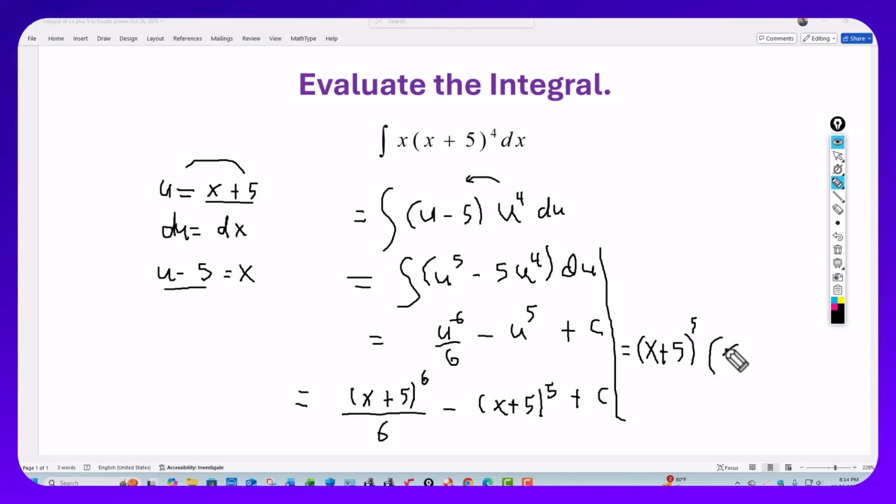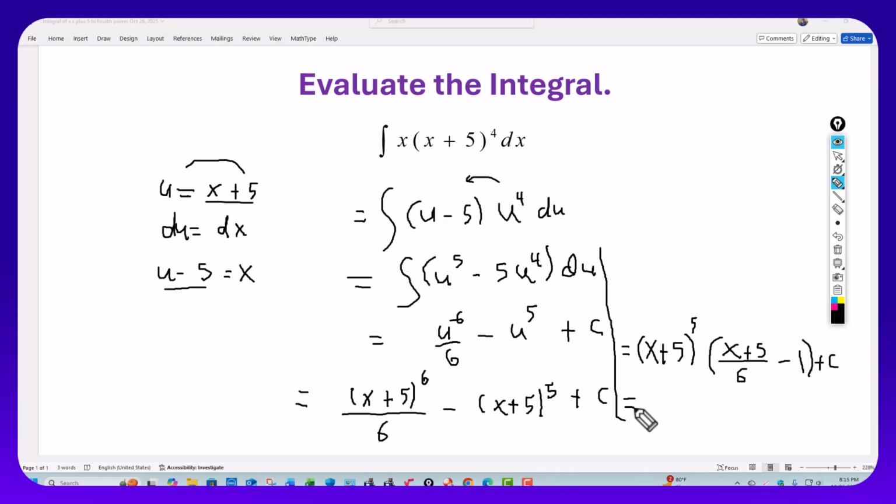That leaves me with x plus 5 to the first power, and that's still over 6. (x plus 5) to the 5th times (x plus 5) to the first power is still (x plus 5) to the 6th. And then minus, over here, taking this (x plus 5) to the 5th, there'll be a minus 1 here, plus the constant of integration.